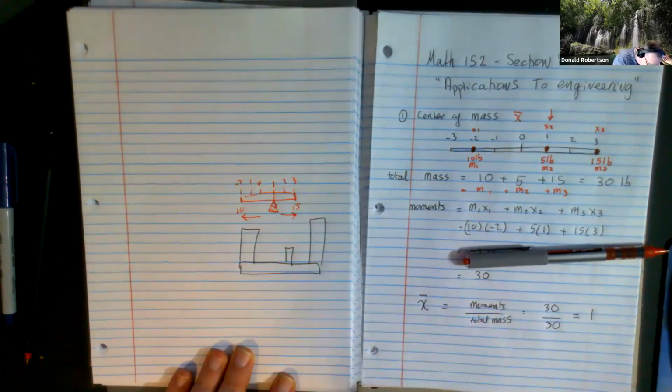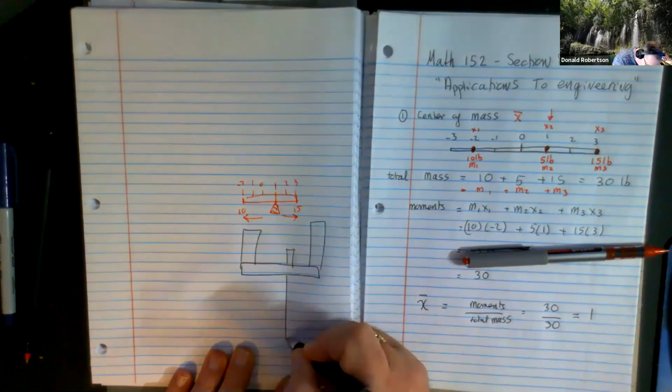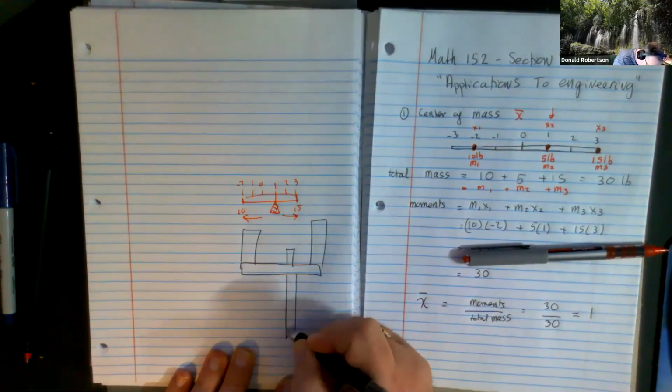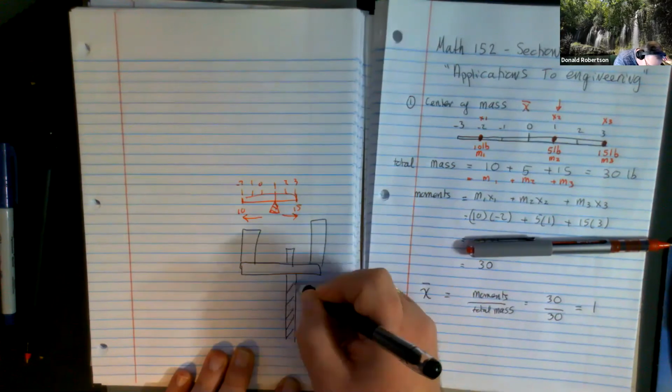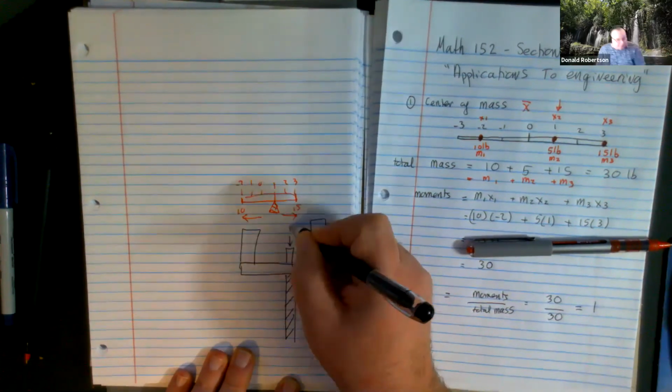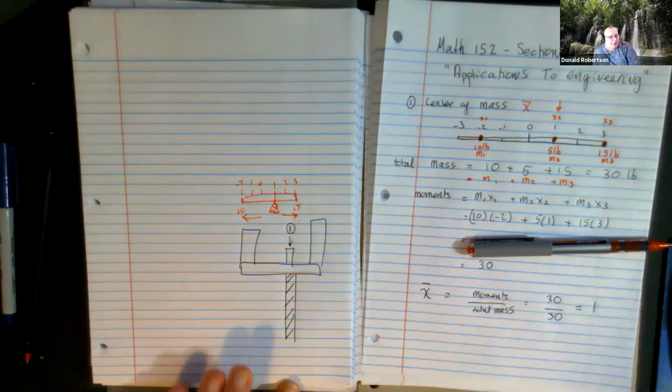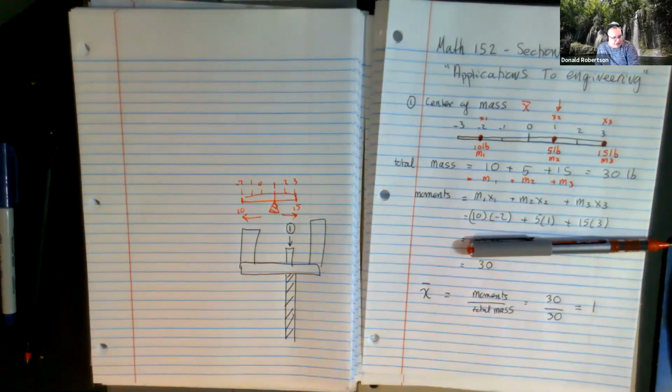If I wanted to support this, isn't it best to have it at the center of mass position, because that's its most stable place. So if you're into construction, you want to know where the center of mass of something is, because that's a very important balance point for you to put girders or support beams, right?